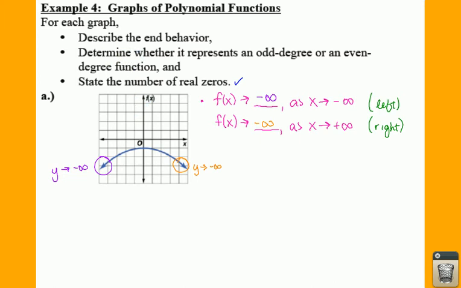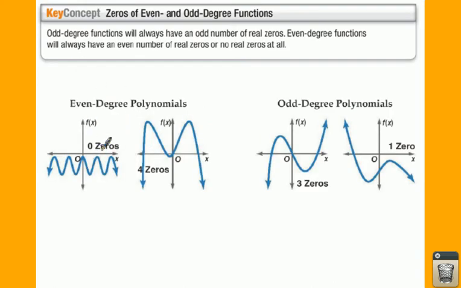Determining whether you have an even or odd degree, it's easy to look at this picture. For an even degree polynomial, your arrows are either pointing both down or both up. These are going in the same direction, your arrows are. For odd degrees, these are going in opposite direction.